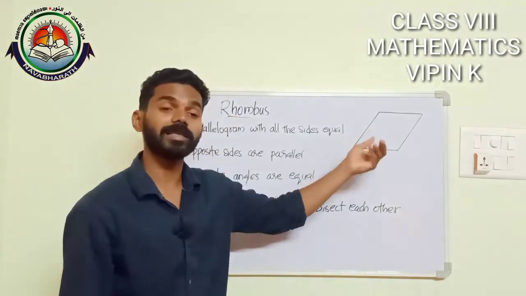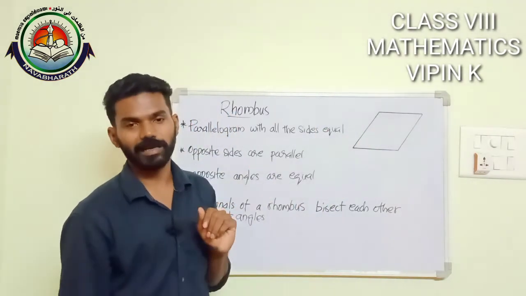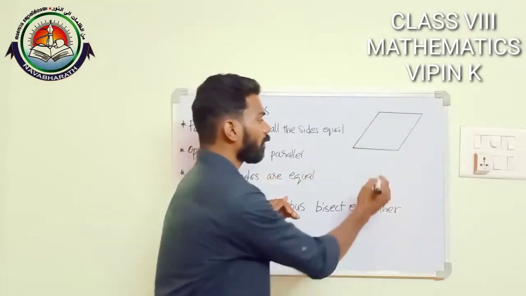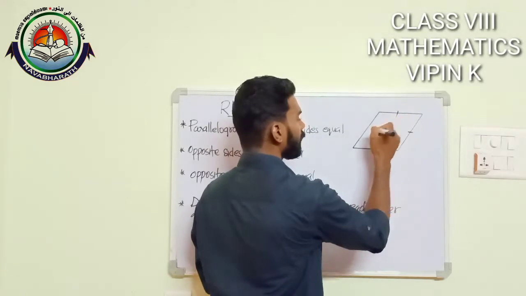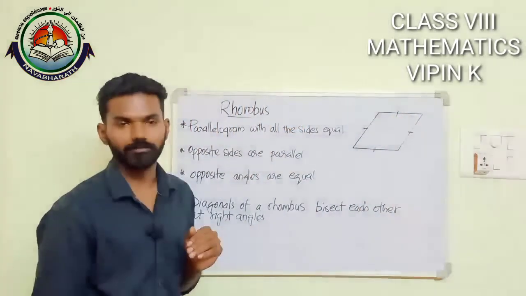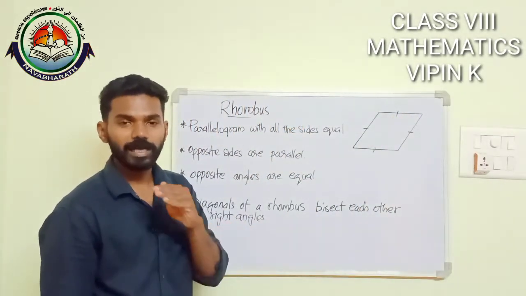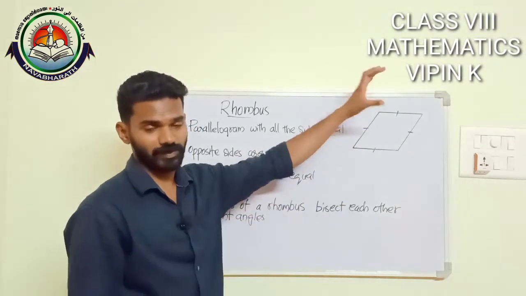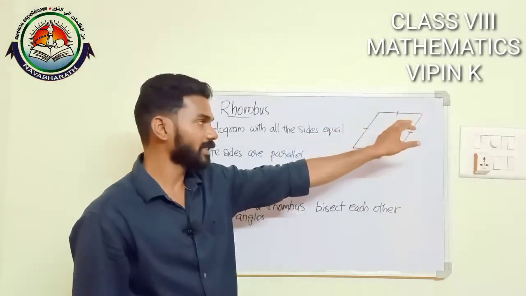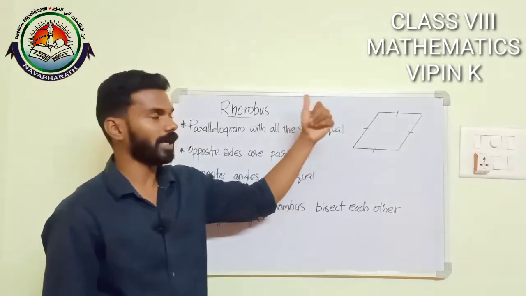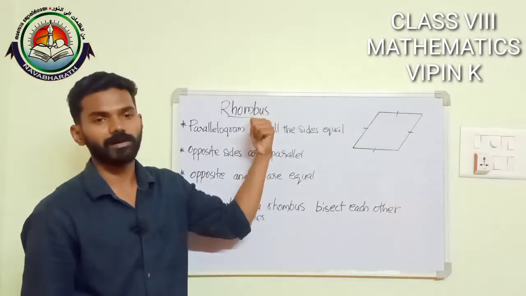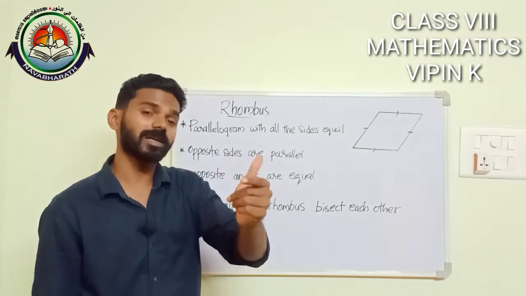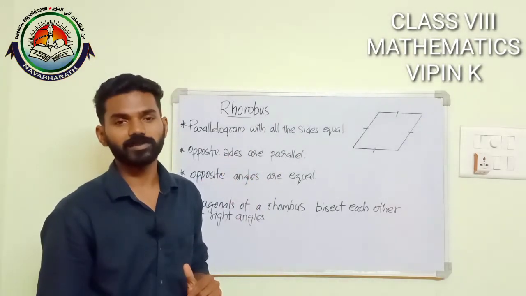There is an additional property for this parallelogram, and this additional property is that all its sides are the same. So if in a parallelogram all the sides are equal, then such a special type of parallelogram is called a rhombus.